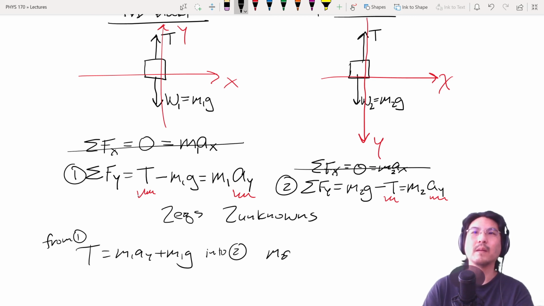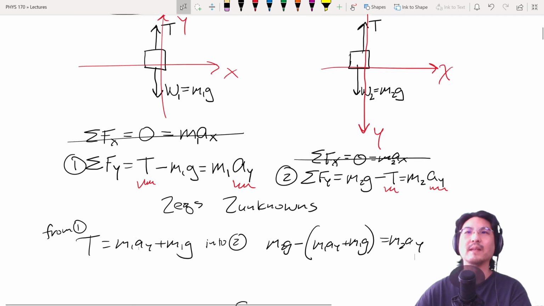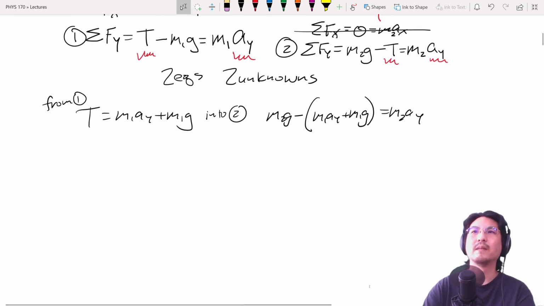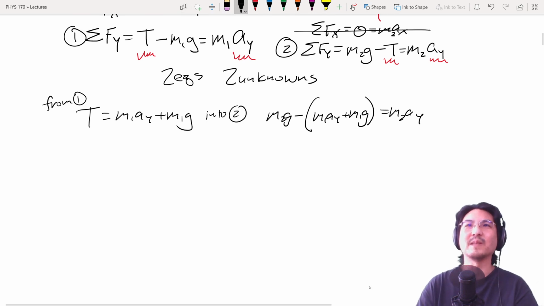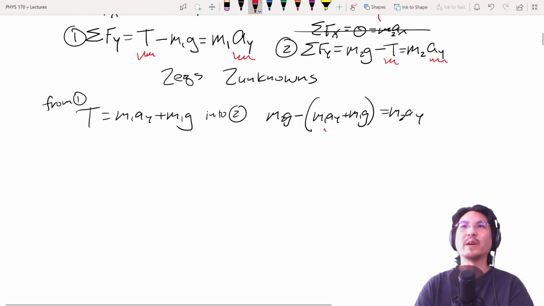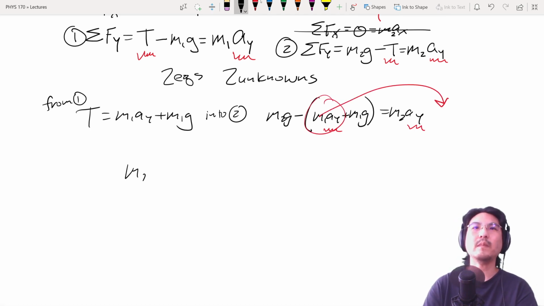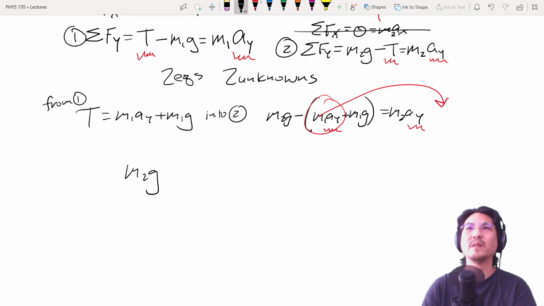So minus T, and then simplify, right? So there's ay over here, ay over here. So I'll move this on that side. And okay, so that's minus, so it becomes plus.